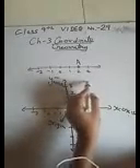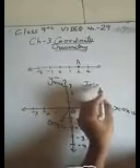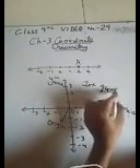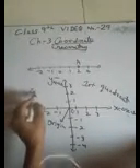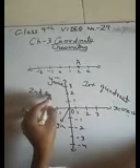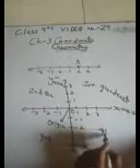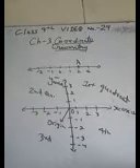This is the first quadrant, this is called the second quadrant, this is called the third, and this is called the fourth. So this whole system is called the Cartesian plane, or we can say coordinate plane, or xy plane.